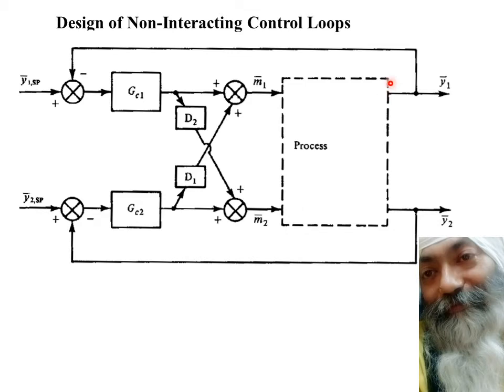Because we cannot avoid that this has to happen, along with it we have an additional term which we add over here in terms of d1. It is getting added to m1, and this d1 will effectively counter the effect of this process interaction.